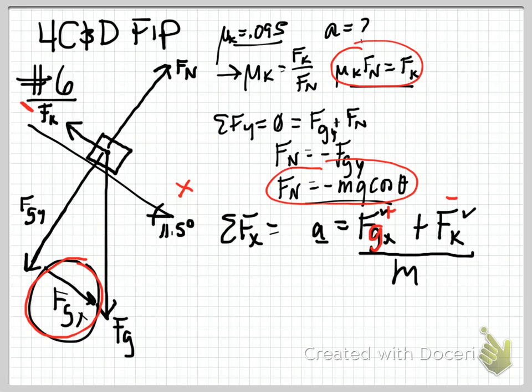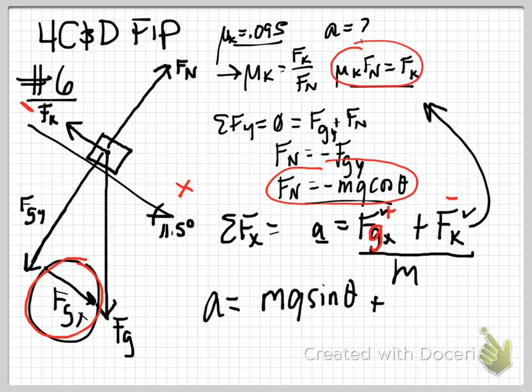So let's go ahead and rewrite this. So acceleration, well, f of gx is equal to mass, gravity, times the sine of theta. And fk, if we go up here, is equal to mu k times fn. And this whole thing, of course, is divided by mass.